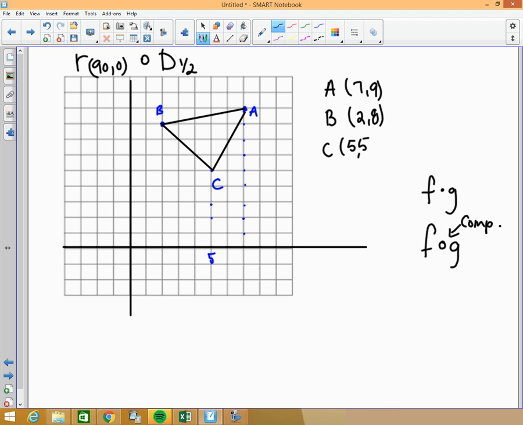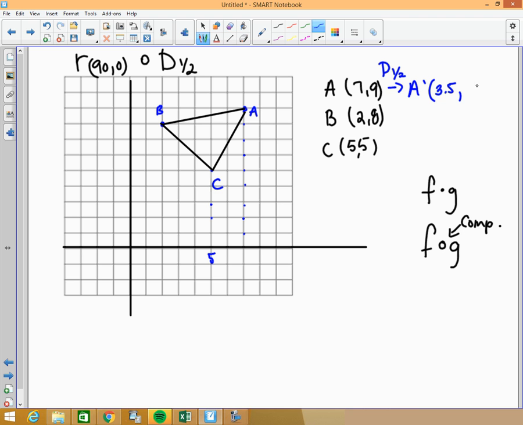Okay, so how do I do that? How do I find out what with the dilation? I'm going to multiply each x and then y by 1/2 to get the new coordinates, okay? So this becomes, and we'll put dilation 1/2. A prime becomes what? I'll just say 3.5, even though it's not my favorite, but we'll do it.